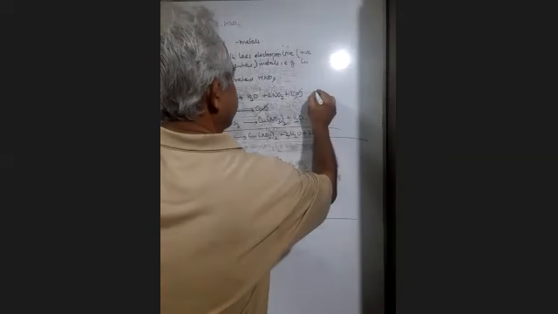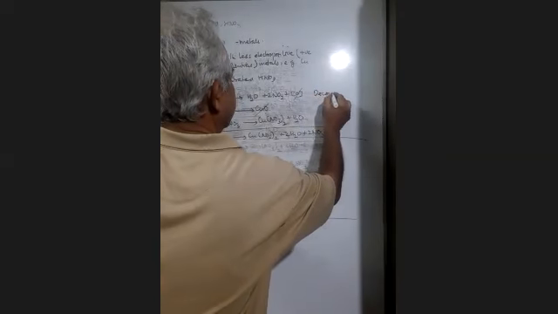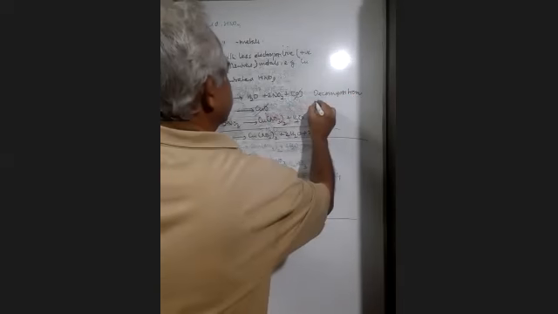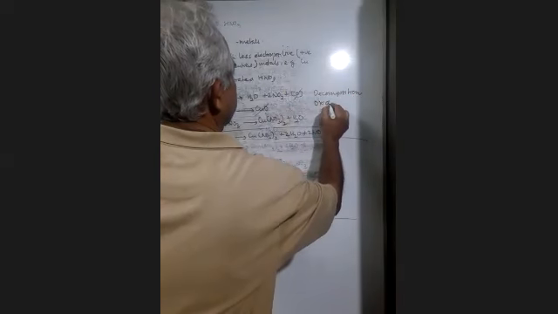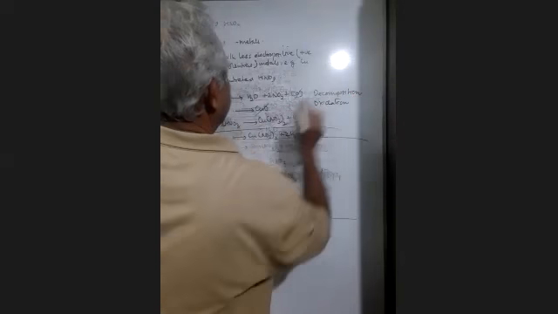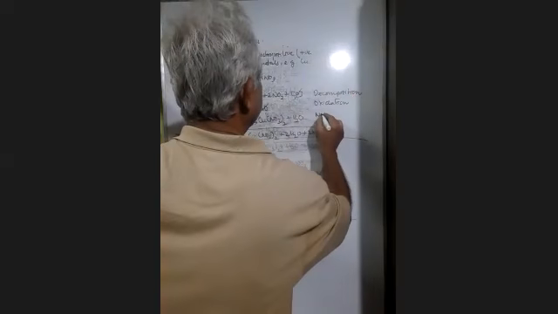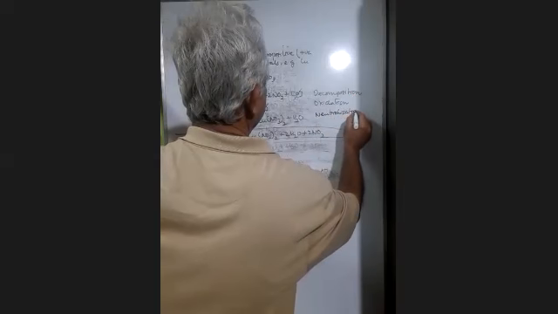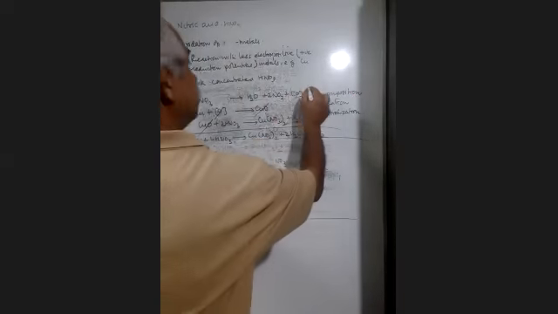Whenever a compound breaks down to give you many other compounds, we call it decomposition. Addition of oxygen is called what? Oxidation. Reaction of acid and base, what do you call it? Neutralization.